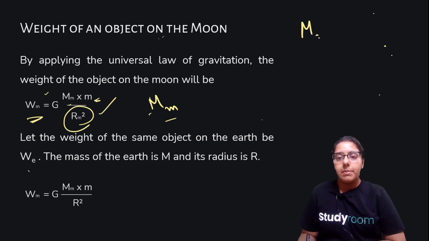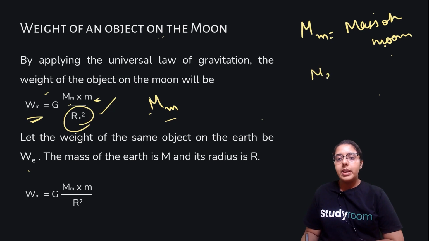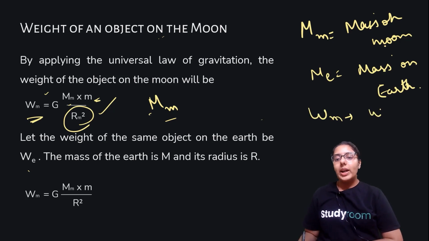Mm means mass of the moon. Me means mass of the earth. What does Wm mean? It means weight on the moon. See, W is weight's initial, right?